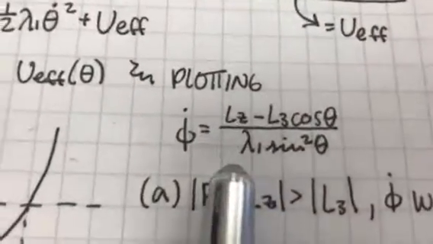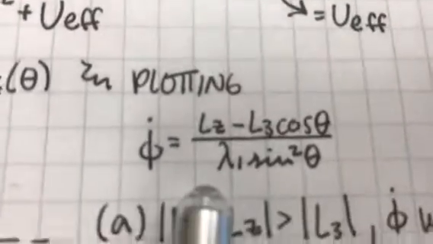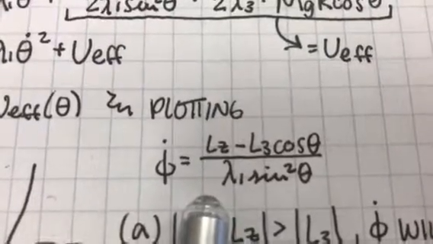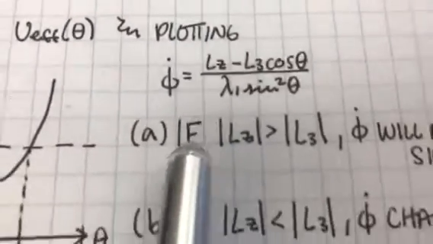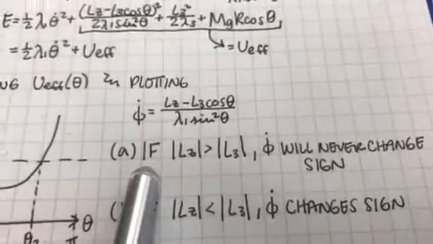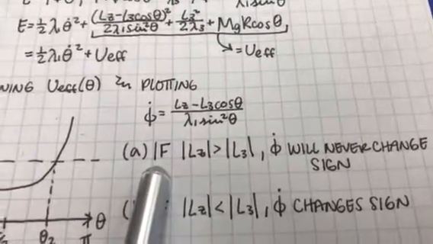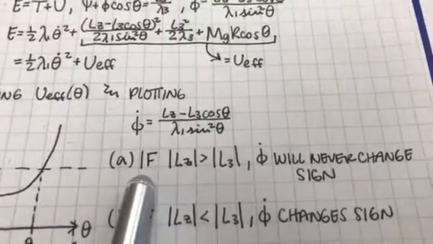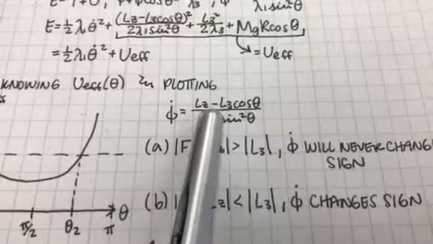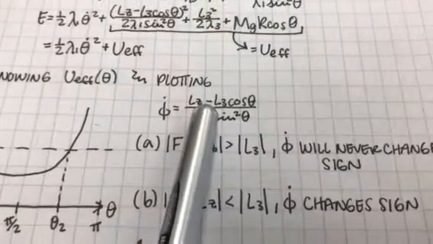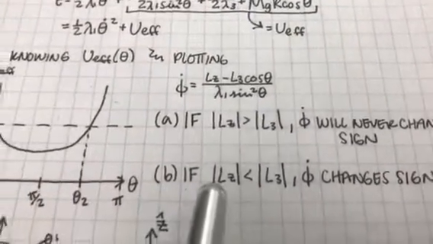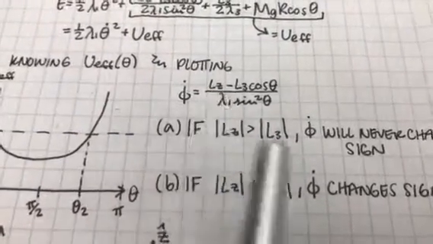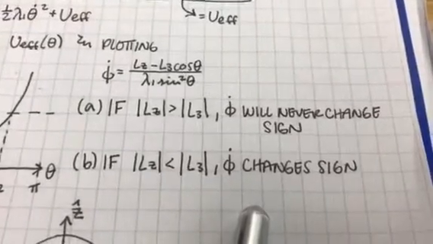And going back to this formula right here for phi dot, that's equal to Lz minus L3 cosine theta over lambda 1 sine squared theta. If the absolute value of Lz is greater than the absolute value of L3, phi dot will never change sign. And you can see that because there is this negative here. If Lz is less than L3, there's the possibility of being negative or positive, so phi dot does change sign.